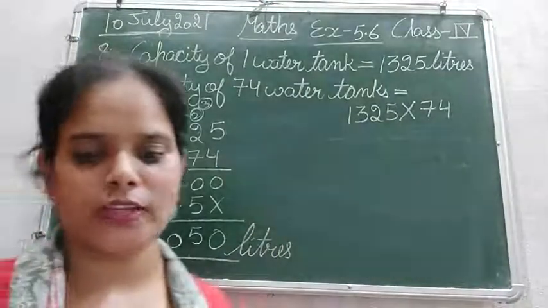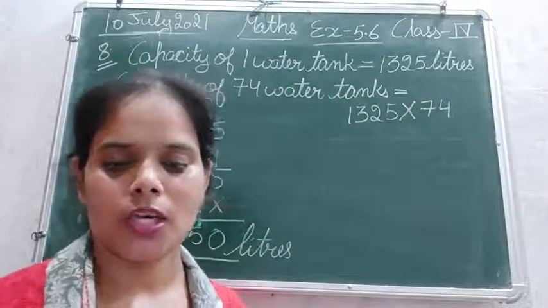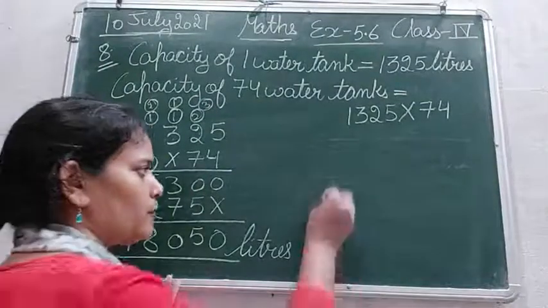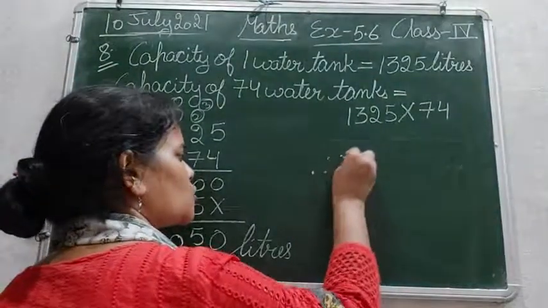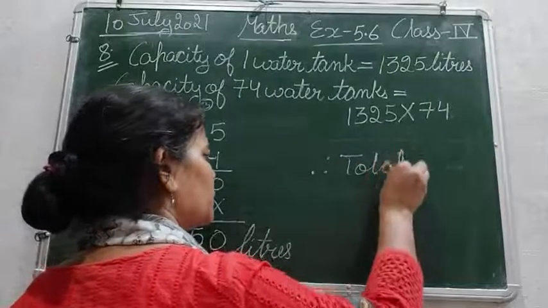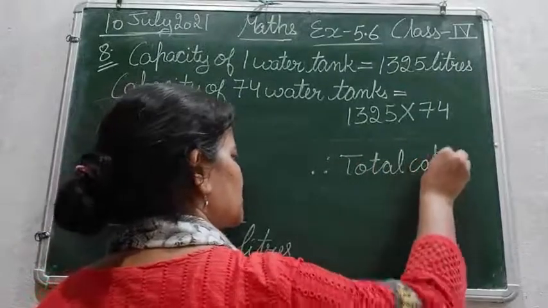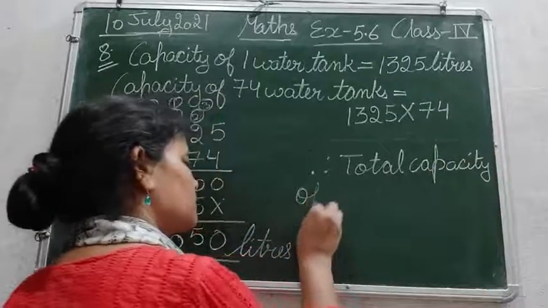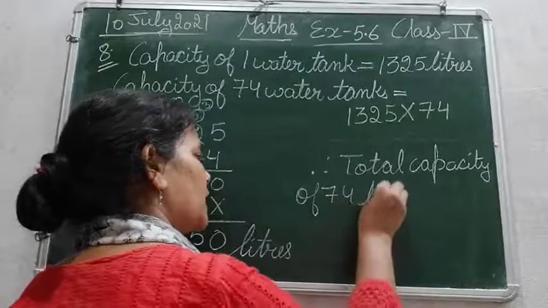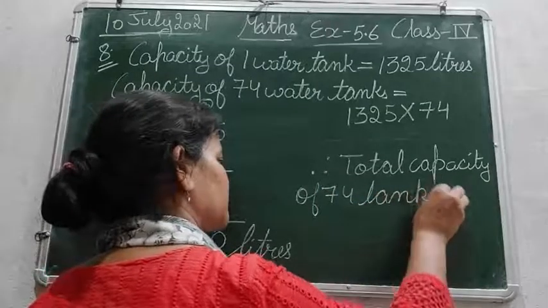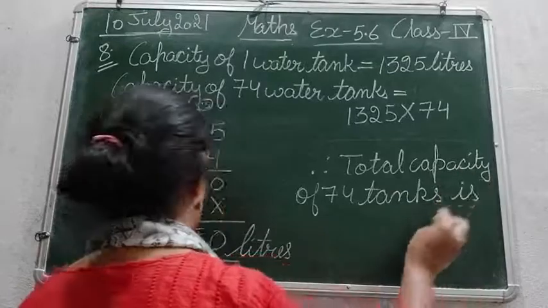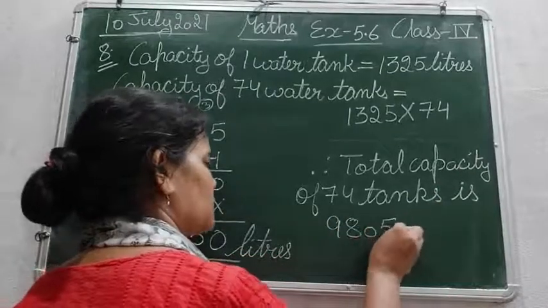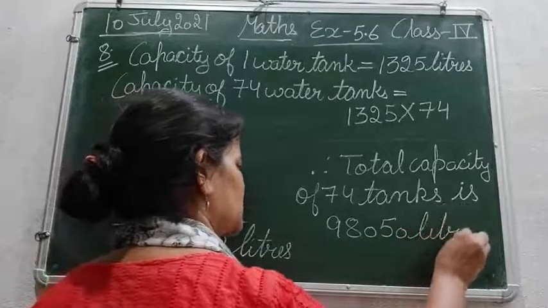So now we are going to write the solution sentence according to the question. Find the total capacity of 74 such tanks. तो लिखिए, therefore total capacity of 74 tanks is 98,050 liters.